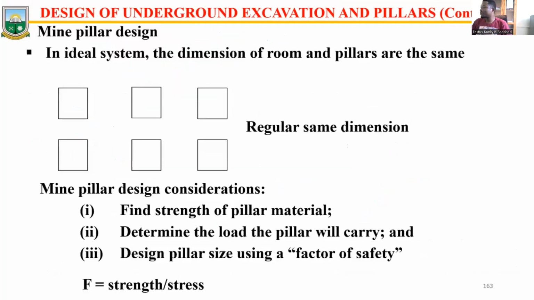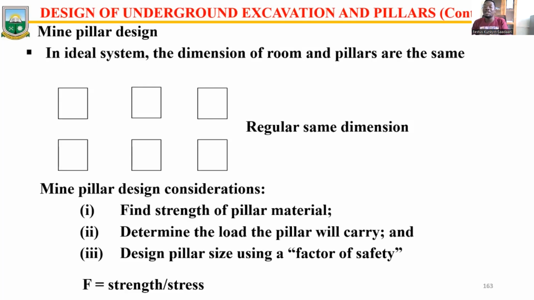So let's move on to mine pillar design. So in the ideal system, the dimension of room and pillars are expected to be the same. That is what we always want. That I am mining and I want to bring about pillars. For ease of computation, if I choose that I want to go by square pillars, then all the pillars must be square, square, square, square.